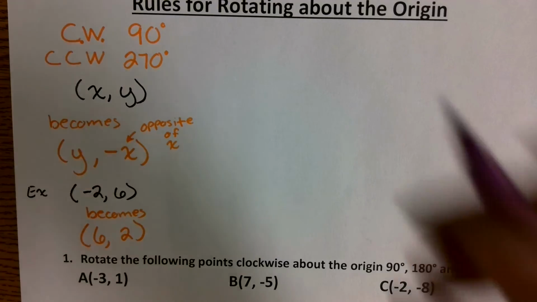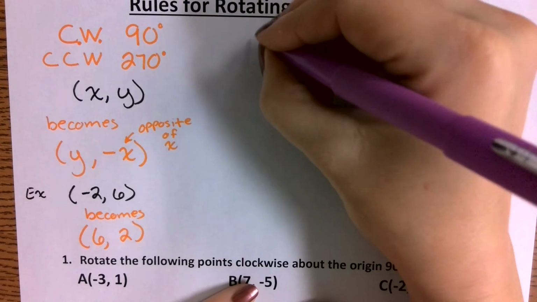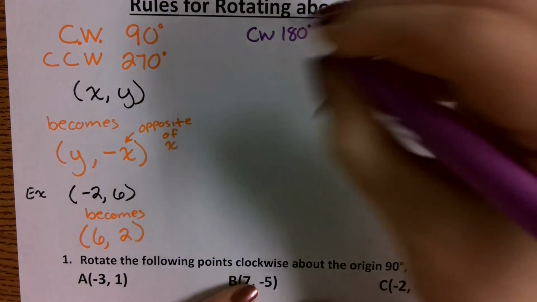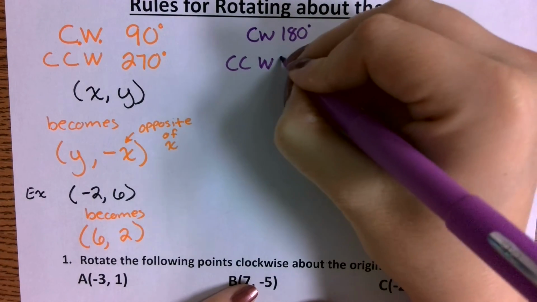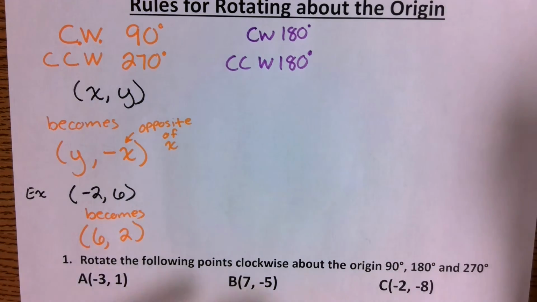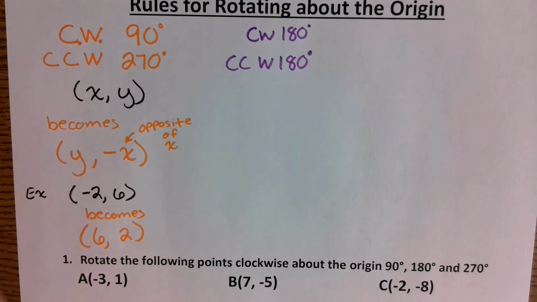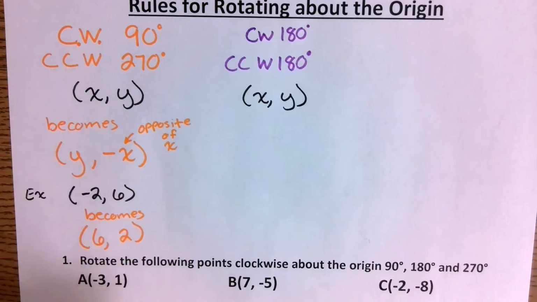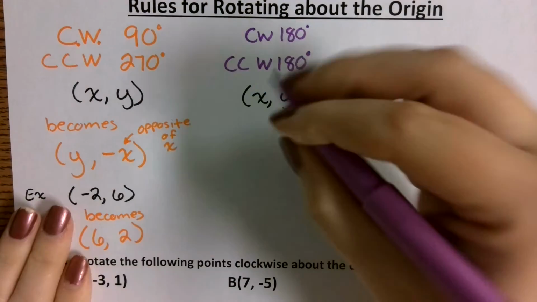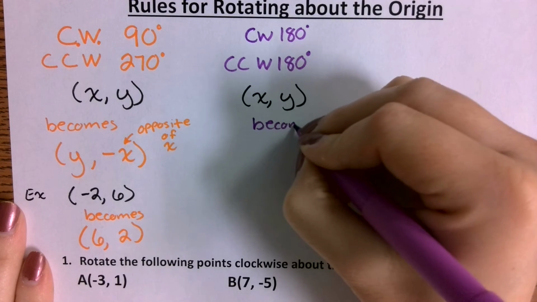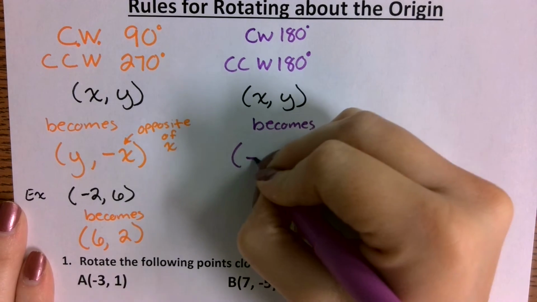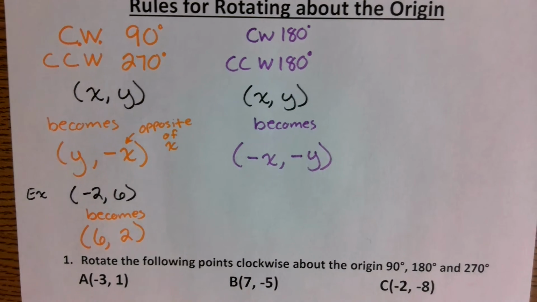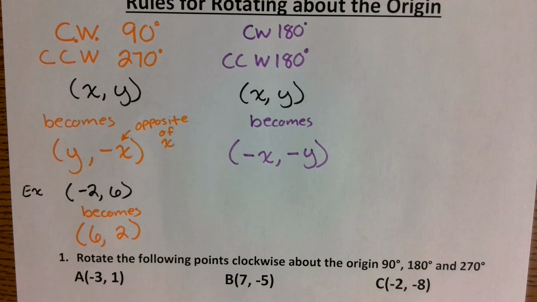Okay, then the nice thing about clockwise 180 degrees is it's the same idea as counterclockwise 180 degrees. They are identical. So if you start at the point XY, this becomes the opposite of X and opposite of Y. The X and the Y stay in the same position, but they just become their opposites.